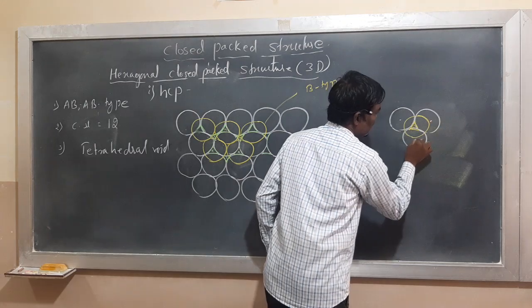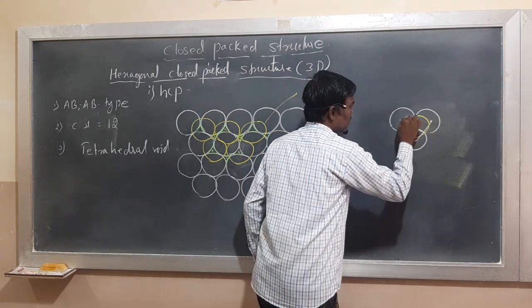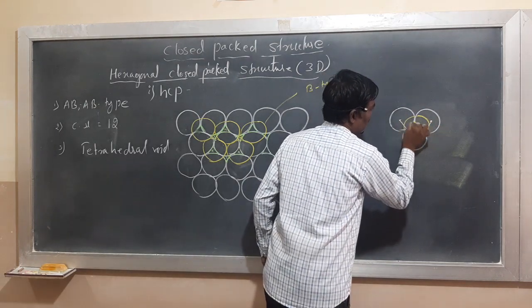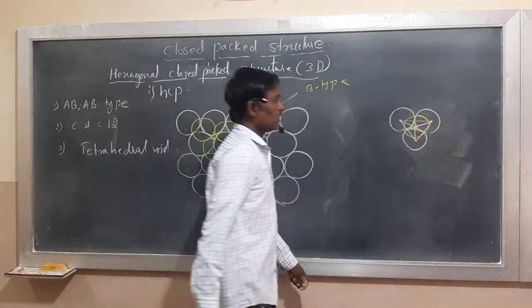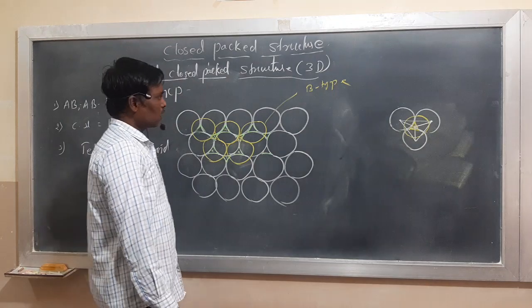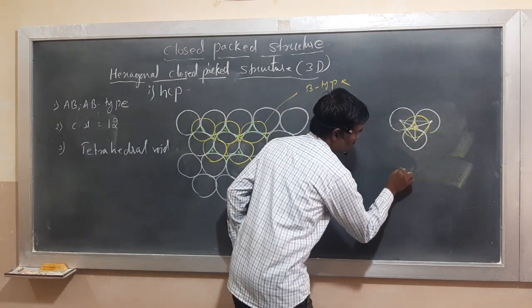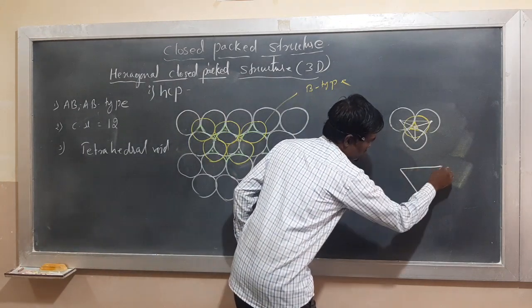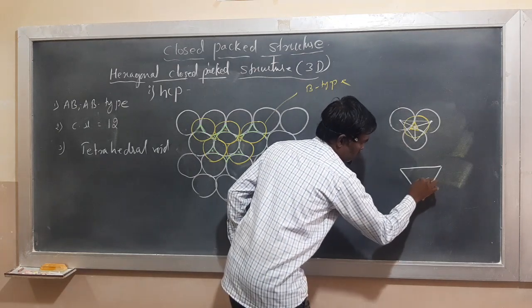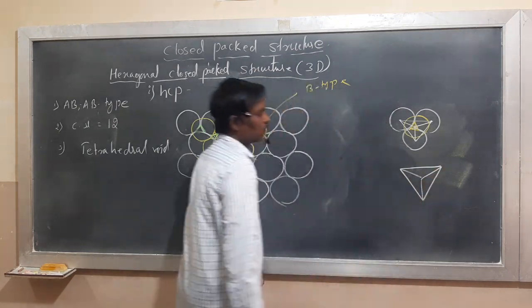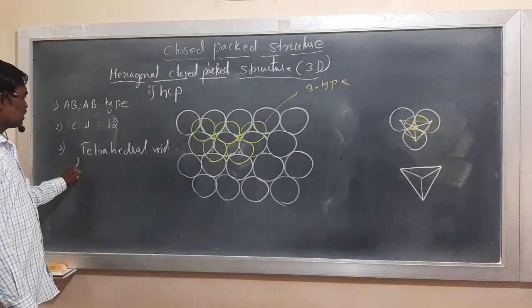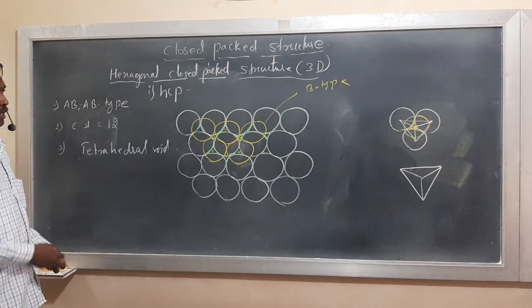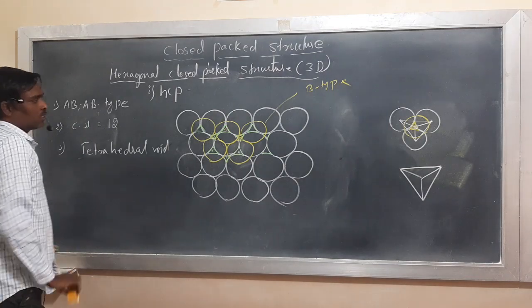When I join the centers of all these spheres, the structure is like this. When I join the centers, it forms the structure like this. That is called a tetrahedron. Therefore, that type of empty space is called a tetrahedral void. And there is another type of void present.